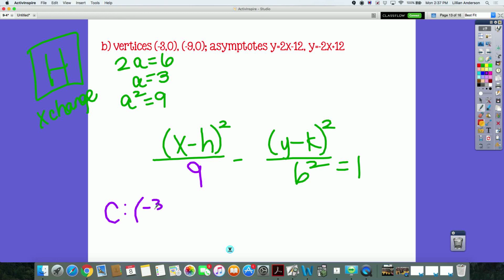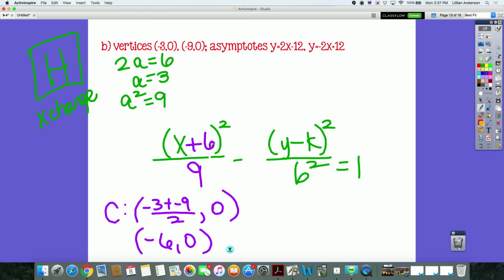Since my x's change, I'm going to basically find the halfway point in between them. The y doesn't change, so that's just going to be 0. That's a negative 12 divided by 2, which is a negative 6. So h is going to be a negative 6, making this a positive. And since k is 0, that's basically just going to turn into a y squared.